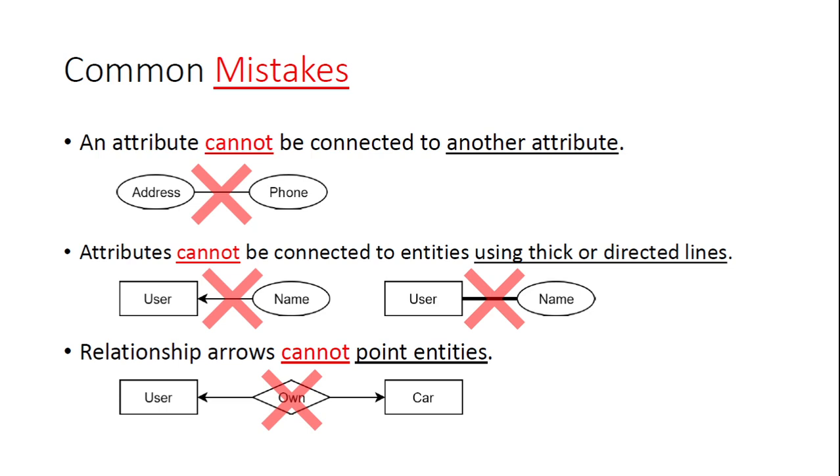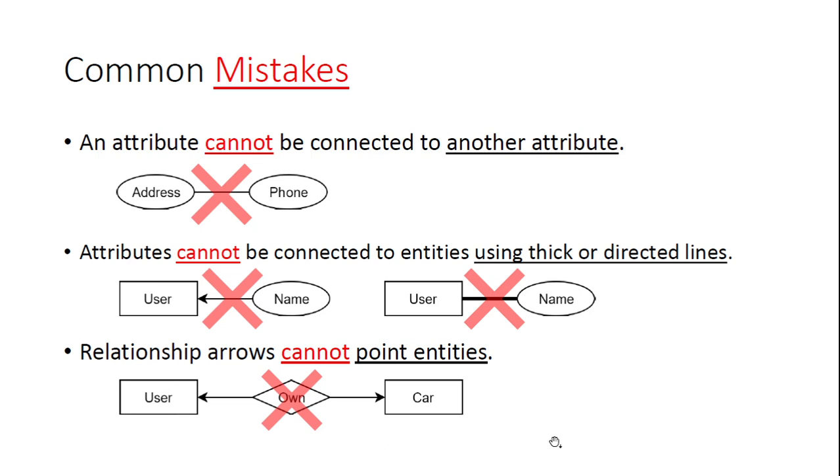Attributes cannot be connected using thick or directed lines. We always use simple lines to connect an attribute to a relationship or to an entity set. So there are no arrows or bold lines there. The arrows of the relationships always appear next to the relationship symbol, not towards the entities.